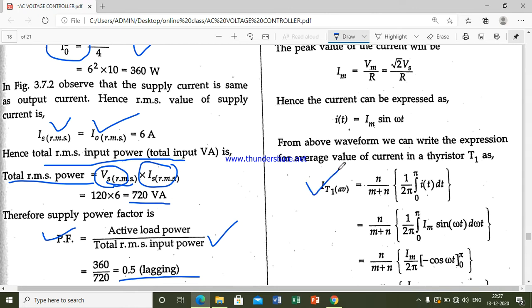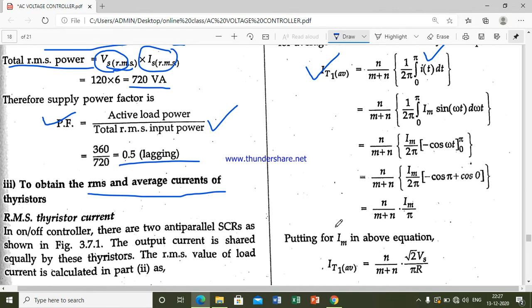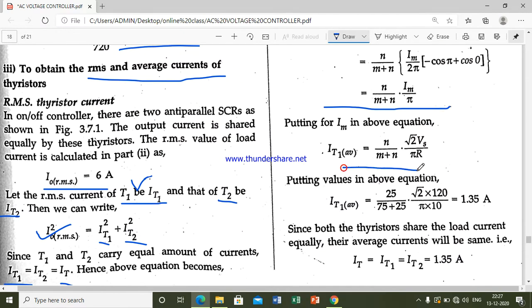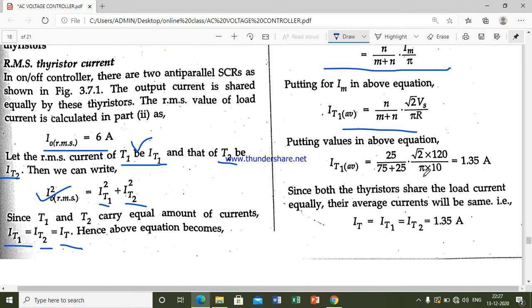Next, if you want to calculate average thyristor current, you can use this formula. You can calculate IT1 average equal to N by N plus M, so 1 divided by 2 pi, integral 0 to pi of i(t) dt. After simplifying this one, you get the expression for IT1 average. You can use this one and solve, and you will get the value for IT average as 1.31. The average values of thyristor 1 and thyristor 2, that is SCR1 and SCR2, are the same.